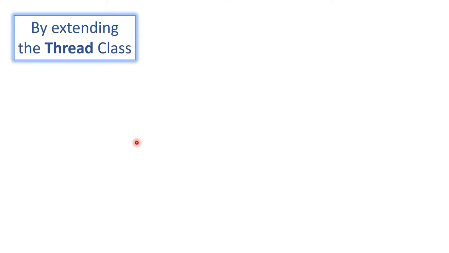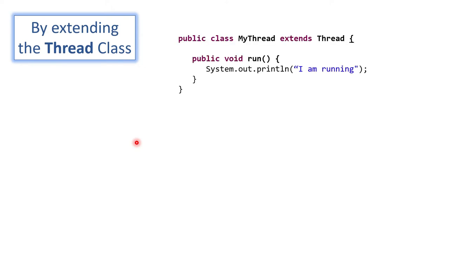By extending the Thread class, how can you define a thread? You can simply create a class and extend the Thread class. The moment you extend the Thread class, it will force you to override the method public void run.